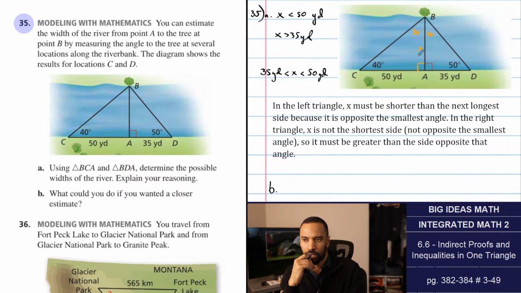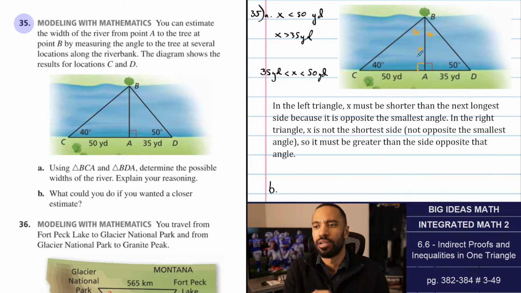That's a good question. Pick distances that are the same. Why am I not coming up with the answer? Come up with the hypotenuse. What could you do if you wanted a closer estimate? You want the angles closer together.